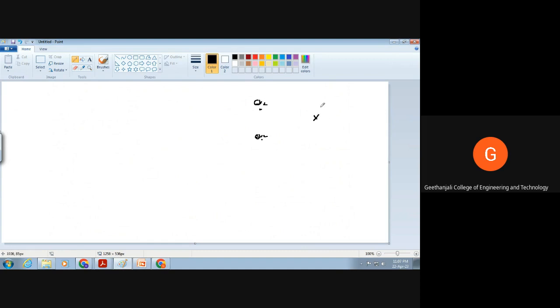At point P, if you want to find the total electric field, I need to consider these two charges. Find how much electric field q1 produces at point P, let that be E1. Then you consider q2, let E2 be the electric field intensity produced by q2 at point P. Then what is the total electric field? E1 plus E2. So this is the total electric field.